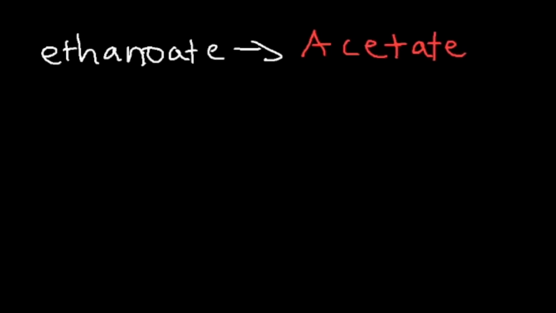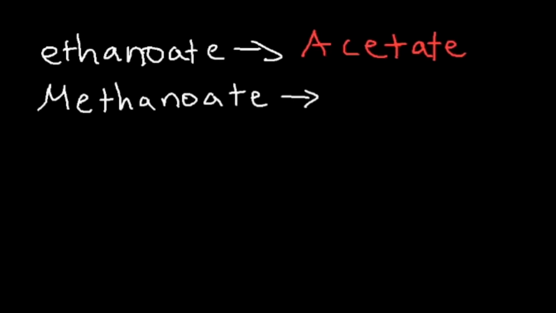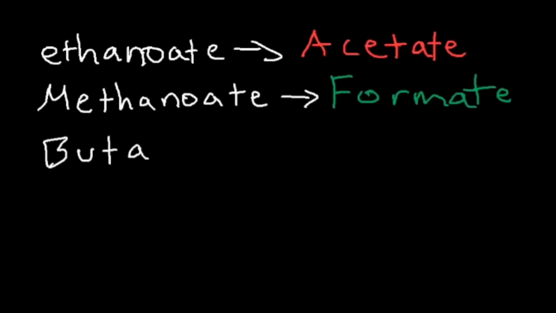If you were to see methanoate, you can replace it with the common name formate. And typically, if you see butanoate, the common name doesn't really change much, but it's butyrate.